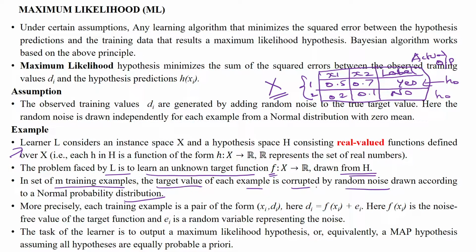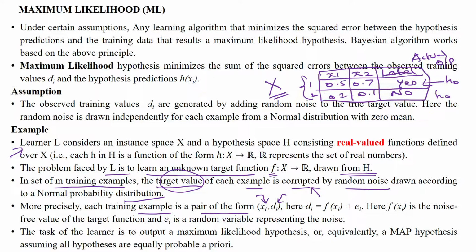there is the possibility of wrong prediction for the target value. Target value means the actual output label, right? More precisely, each training sample is a pair of the features and the actual output.